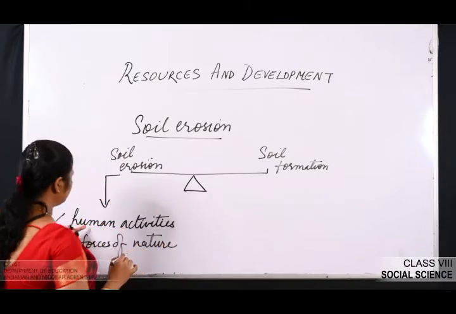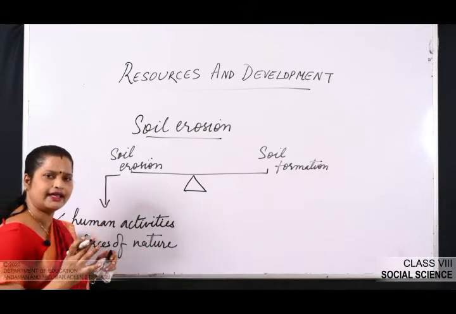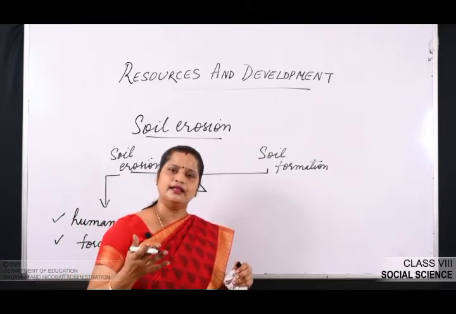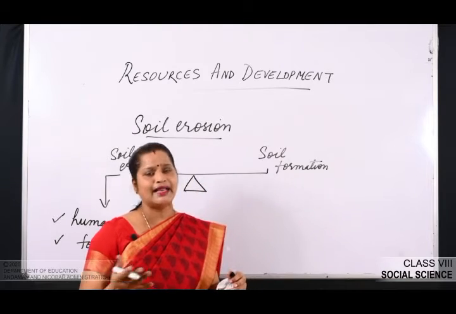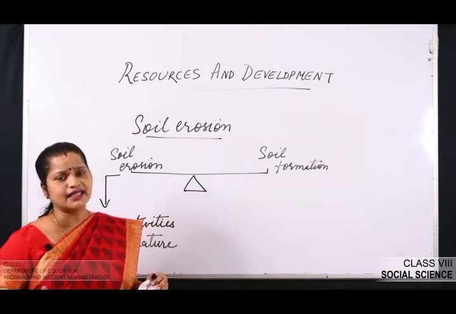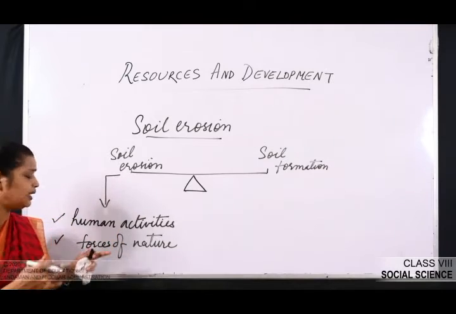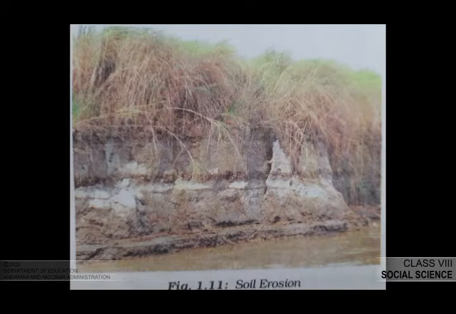When I say human activities, it means construction, deforestation, mining and overgrazing. These all are reasons for soil erosion. But when I say forces of nature, it means the work of wind, glacier and water, that all comes under the forces of nature. Understood?